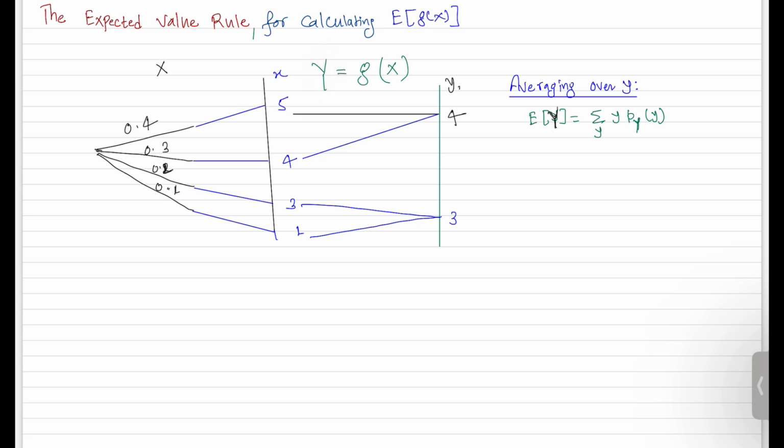But the point to note here is that if you want to use this definition for the calculation for y, which is a function of the original random variable x, then we are averaging over the values of y. So you should know all the values that random variable y takes, and with what probabilities.